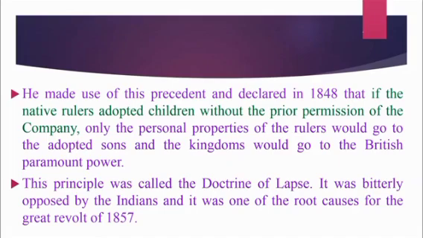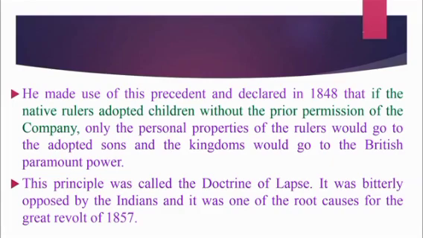So, students, according to the doctrine of lapse, if a native ruler doesn't have any children, he can adopt children but with the permission of the British East India Company. If he didn't get any permission from the company, the personal properties of the rulers would go to the adopted sons and the kingdoms would go to the British paramount power. This principle was called the doctrine of lapse.